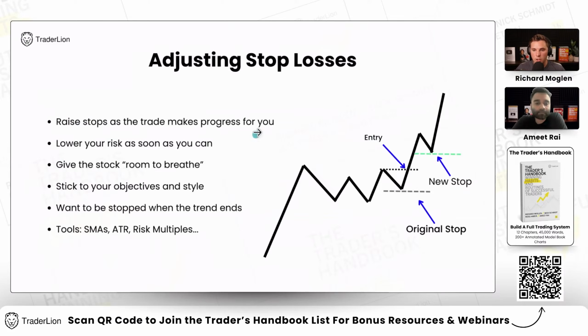But just in general, you can trail your stop at moving averages, ATRs from the current price of the stock, SMAs, all those are valid ways, higher lows. You basically want to define for yourself how the uptrend is going to continue, when will it end, and basically put your stop at that point where the trend would end for your style, for your objective, for your time frame in the markets.